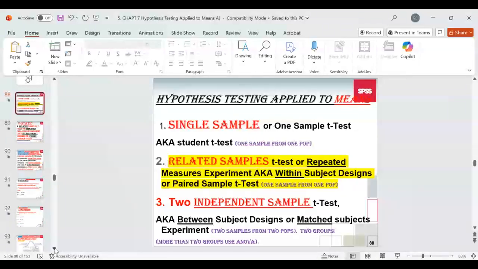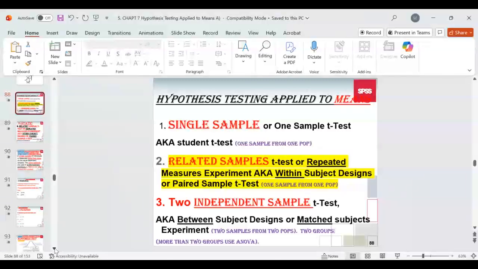If they are known, for example, if we use standardized tests such as IQ, we know the population mean for IQ is 100 and the standard deviation is 15. So we use z-score. But what if we use some other test that is not standardized? Then we use t-test. There are 3 different types of t-tests, like we mentioned last time.